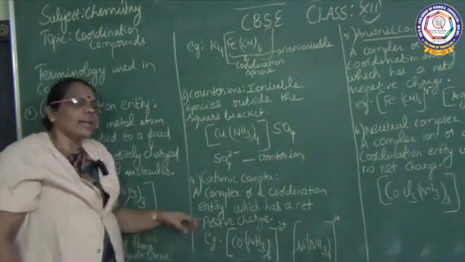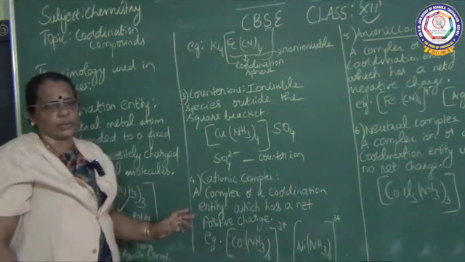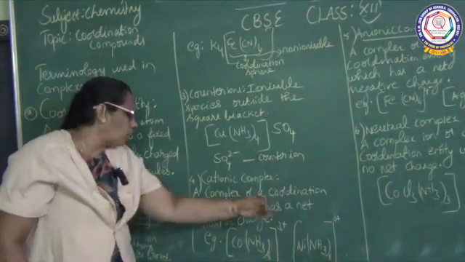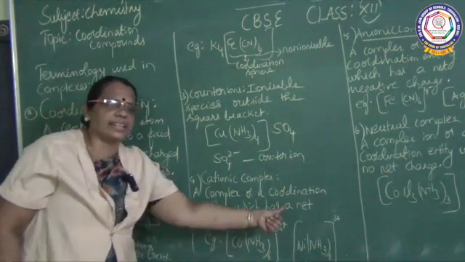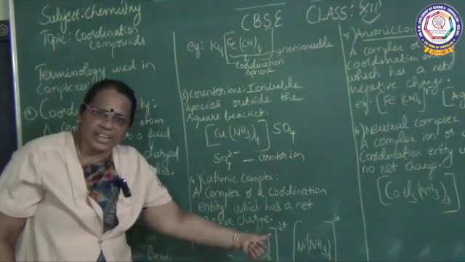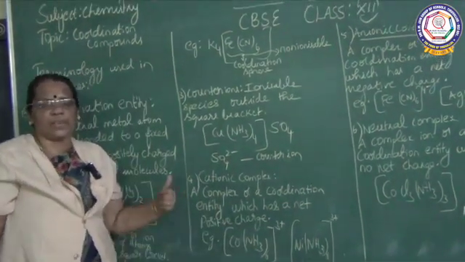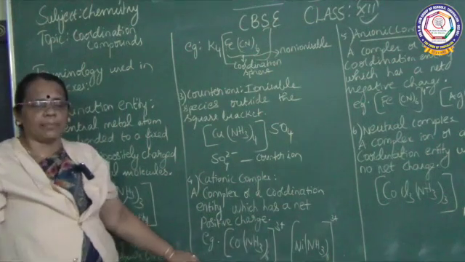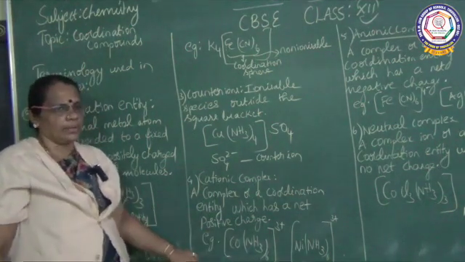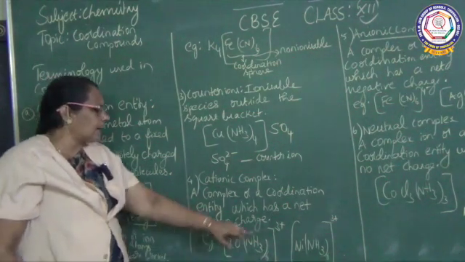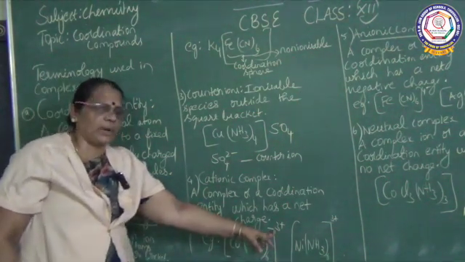The next one is cationic complex. We are going to define what a cationic complex is. A complex or coordination entity which has a net positive charge, we can call it a cationic complex. For example, I have given the example hexaamine cobalt. Here this complex has a 3 plus positive charge.